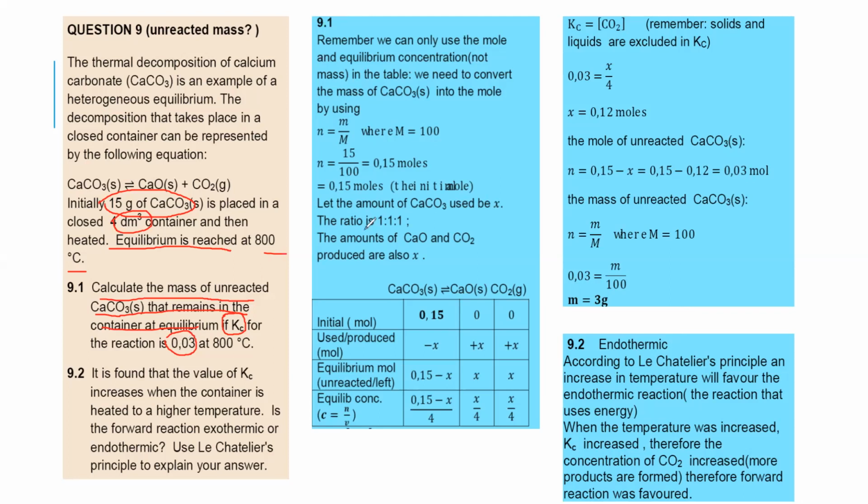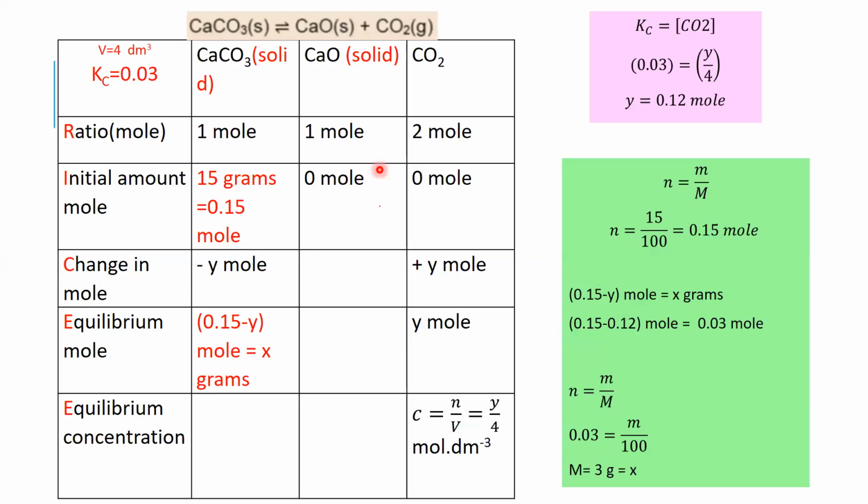They want us to find out how many grams of calcium carbonate will be left after equilibrium is reached. So when I go onto my slides and look at this table, that's what we call, if you remember, the RICE table.